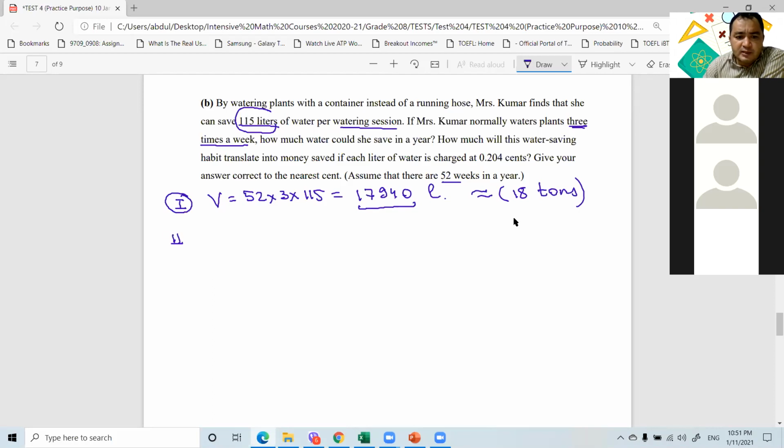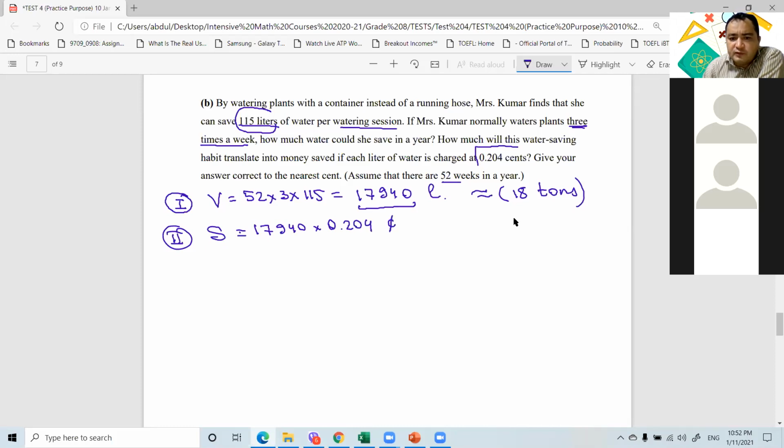The second part says, how much will this water saving habit translate into money saved if each liter of water is charged at 0.204 cents, right? We are saving that much water, and how much money can we save? Let me just call this saving S. That will be equal to, we just saved 17,940 liters of water, and each liter costs 0.204 cents.